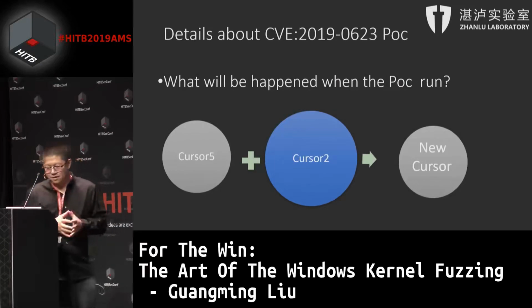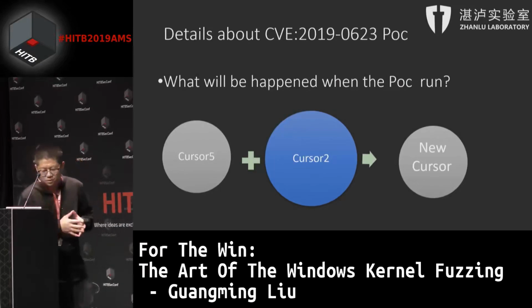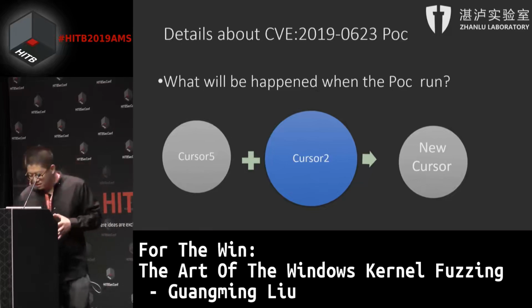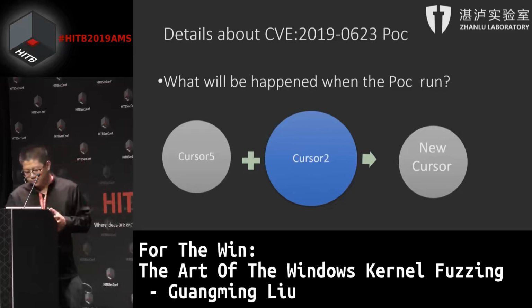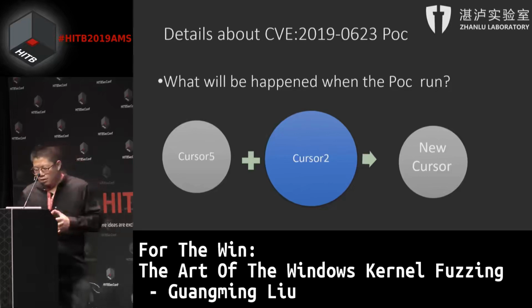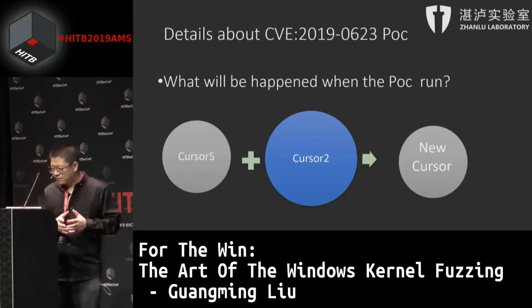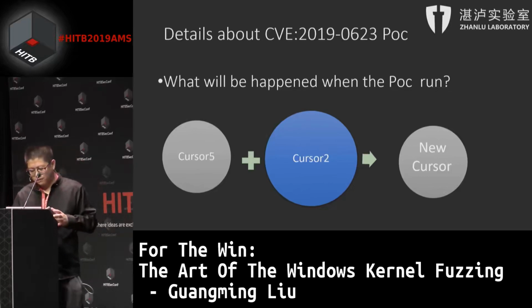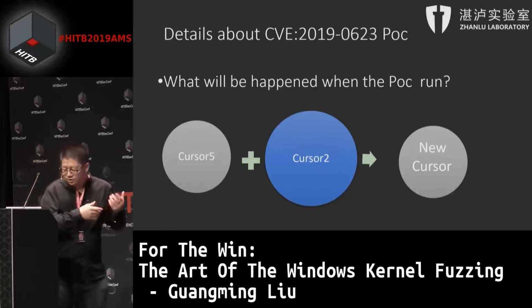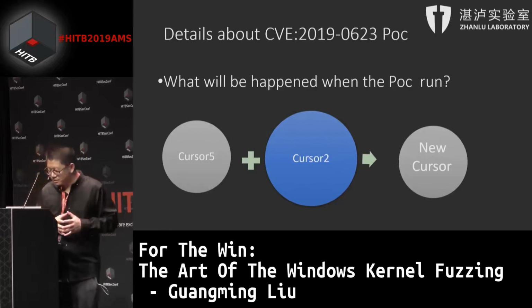Here are details about the POC. What will happen when the POC runs? When the POC runs, the system will change some values in the cursor's object. The value is for a memory size.